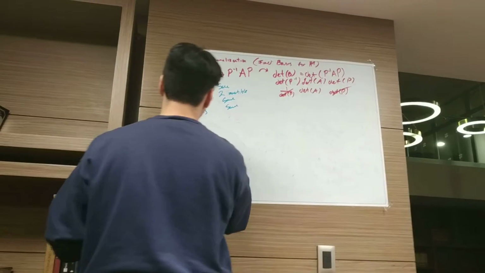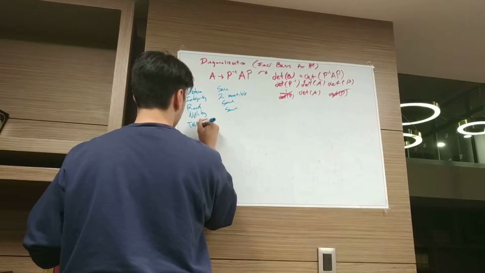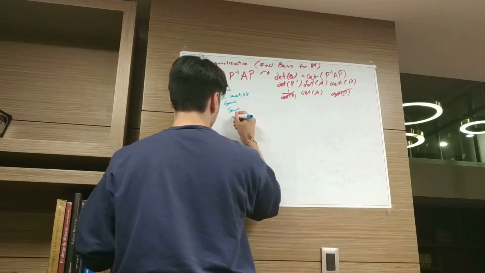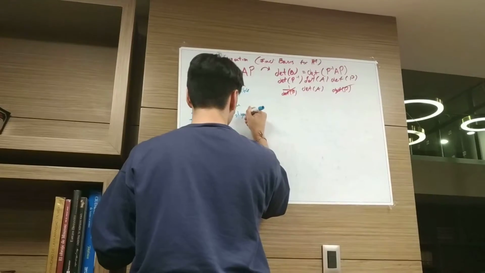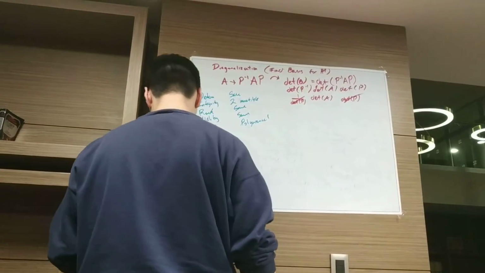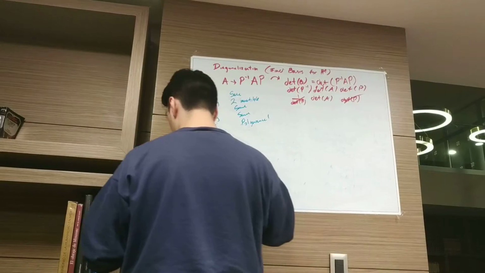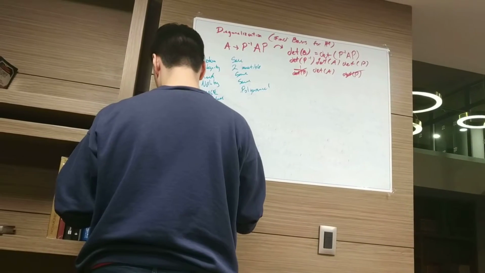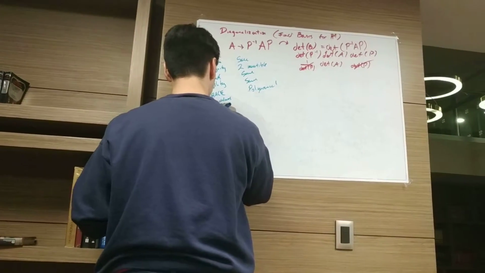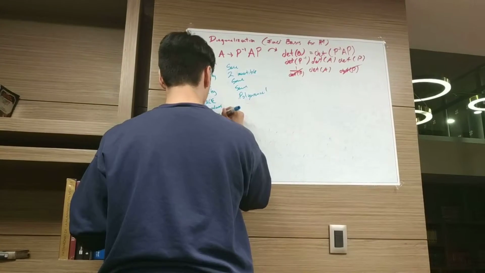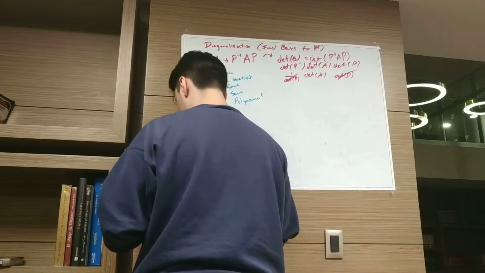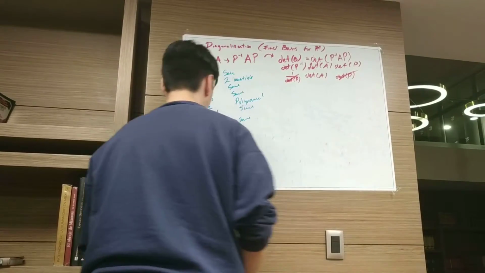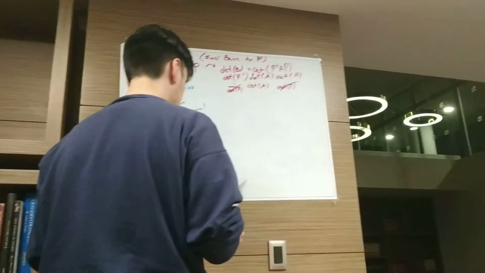And the trace needs to be the same too, and in this case also the characteristic polynomial. And we need two more rules: the eigenvalues and the eigenspace dimension. They need to have the same eigenvalues, and this is also the same. Well, let's go forward.